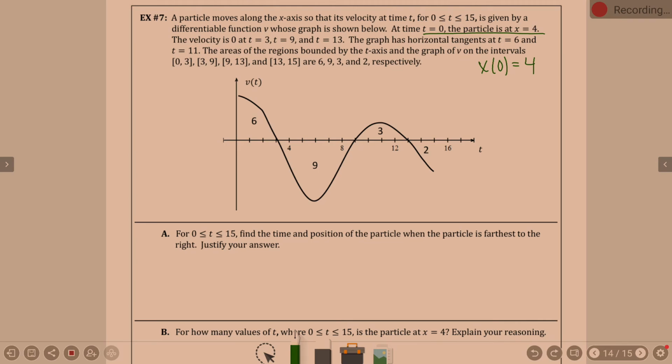The velocity is 0 at t equals 3, 9, and 13. Does that make sense? If this is a velocity graph, velocity is 0 at 3, 9, and 13. That matches up there. The graph has horizontal tangents at 6 and 11. What are they telling me there?